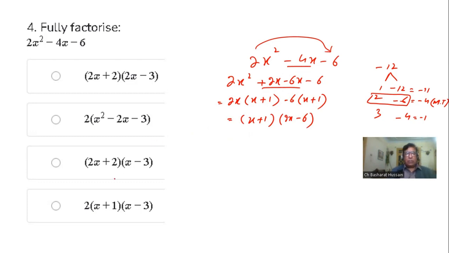Here you can also take 2 common, so this is 2, x minus 3. So x minus 3. So 2, x plus 1, x minus 3, the last one. This is the correct option. Okay.